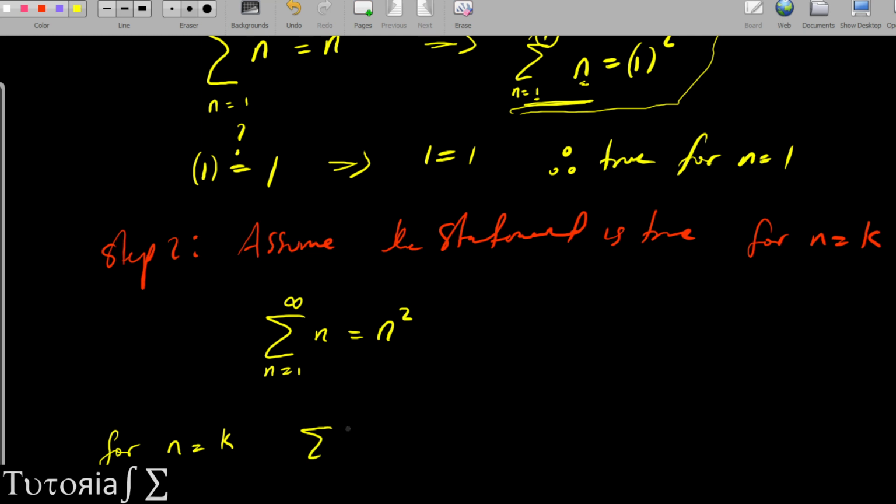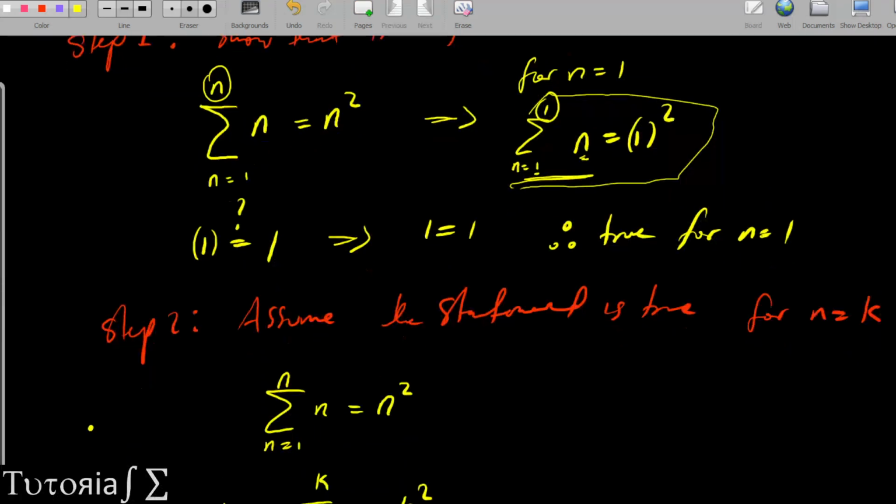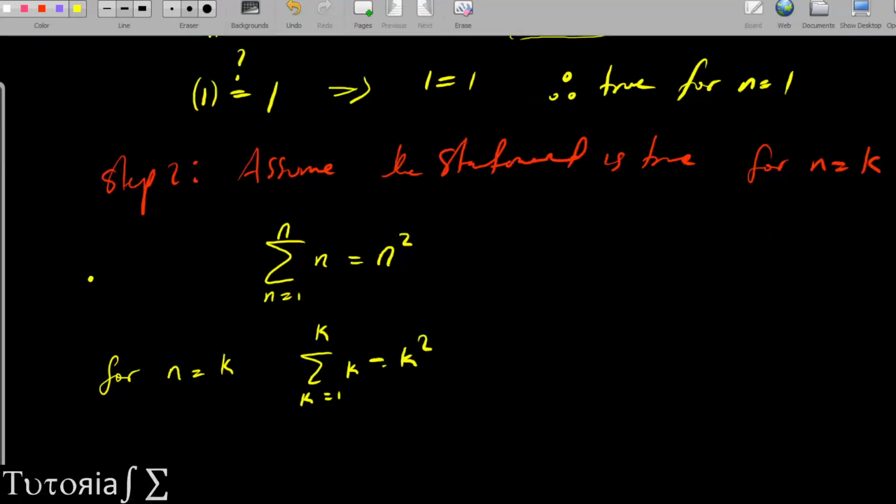Sorry, we are ending at n, I don't know why I'm still up with the infinities. So this would be the sum from k equals 1 to k of k equals k squared. Wherever there is n, we put k. So that is statement 1.